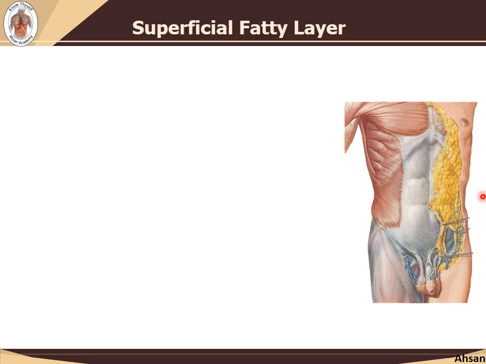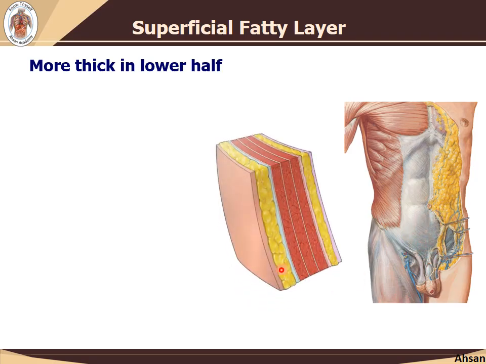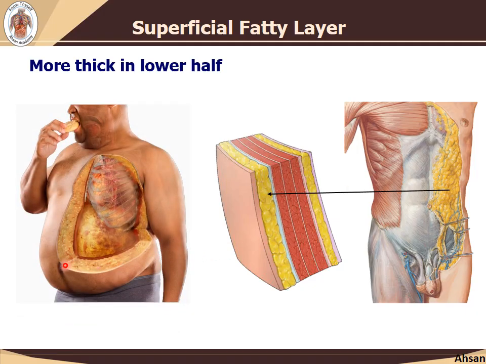Superficial fascia comprises the superficial fatty layer and the deep membranous layer. This is especially important for the abdominal region. You see this superficial fatty layer is thick in the lower half, and more thick in the lower part. In some persons it becomes very thick as reserve fat and makes a large tummy.